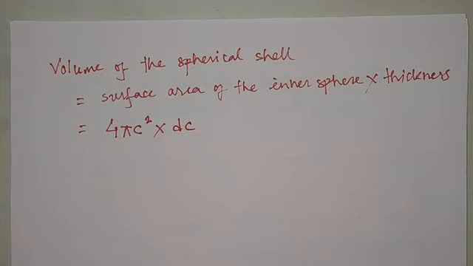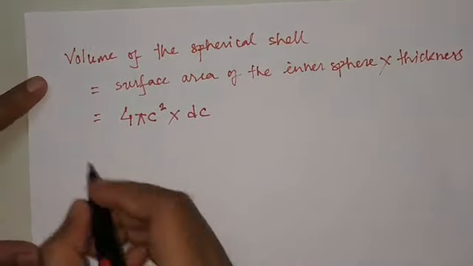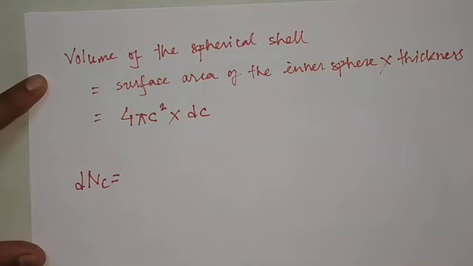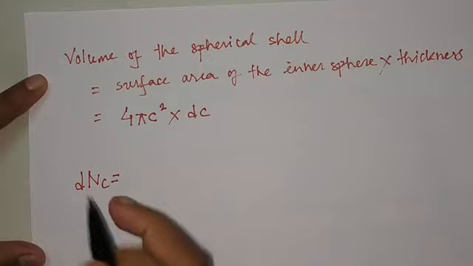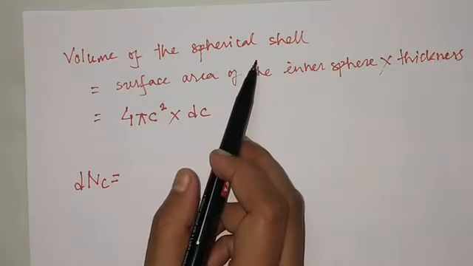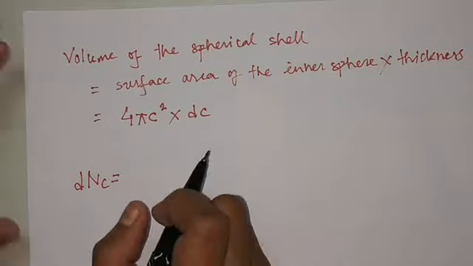Okay, so now we'll find the expression for this dnc, number of molecules. So what will be dnc? We'll try to express dnc in terms of the volume of the spherical shell and the number density.